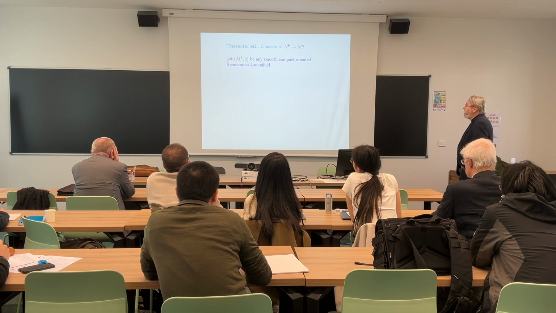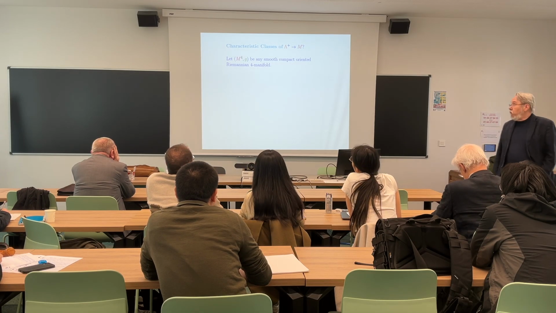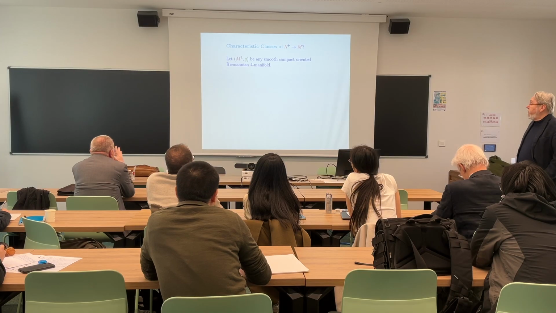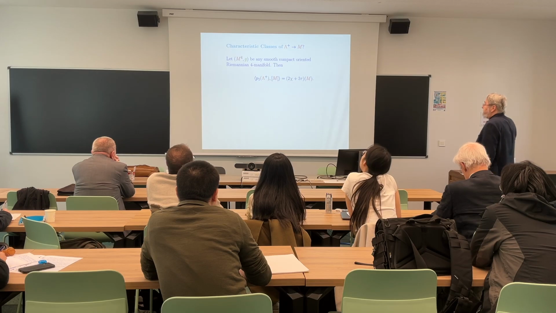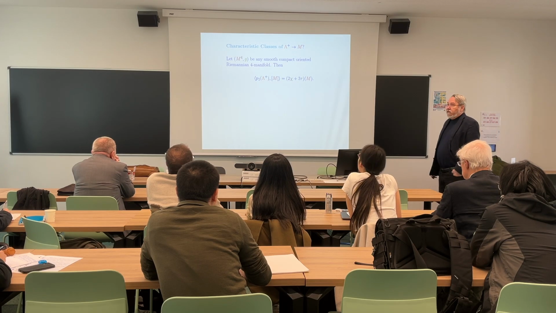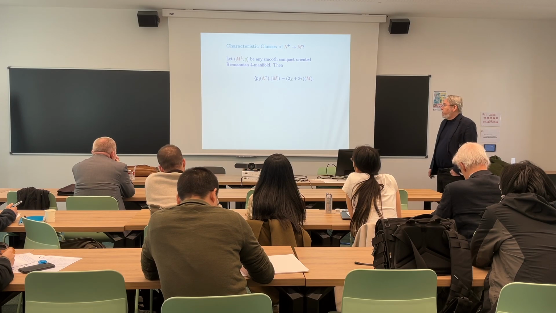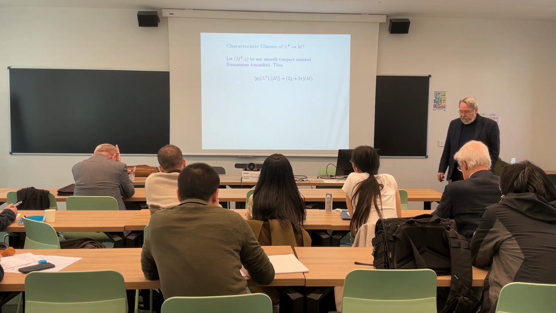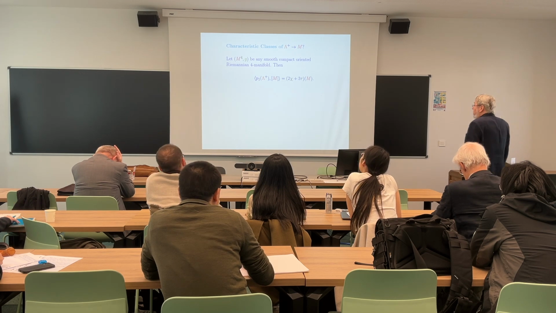If you have any smooth, compact, oriented four-manifold, one of the basic invariants you can attach to a bundle would be its first Pontryagin class. You can take its first Pontryagin class and pair that with the fundamental class, or integrate the first Pontryagin class of the bundle over the fundamental cycle.